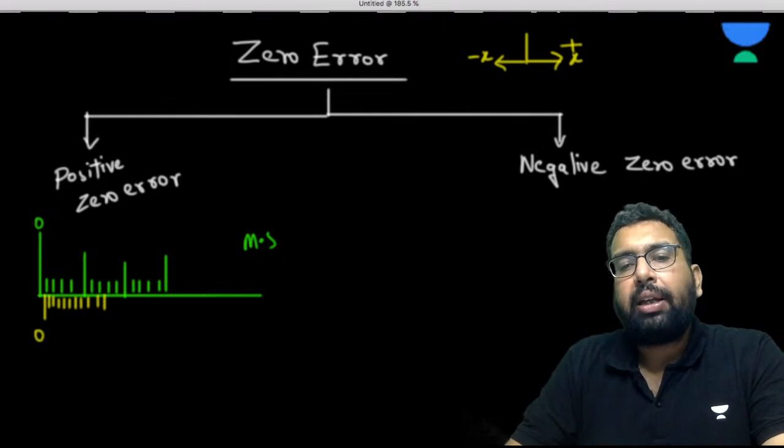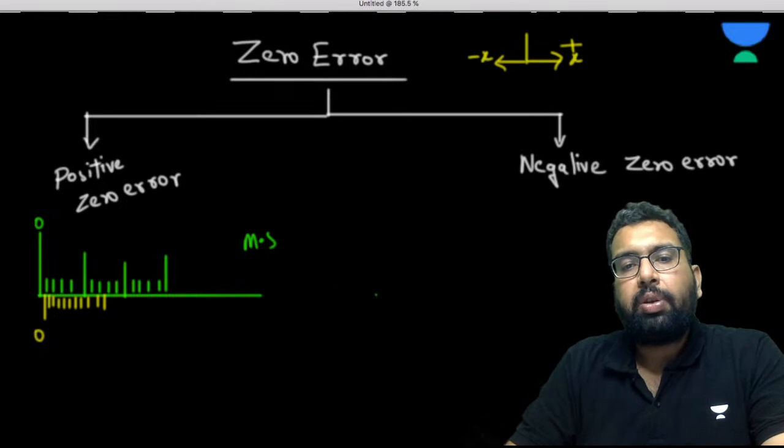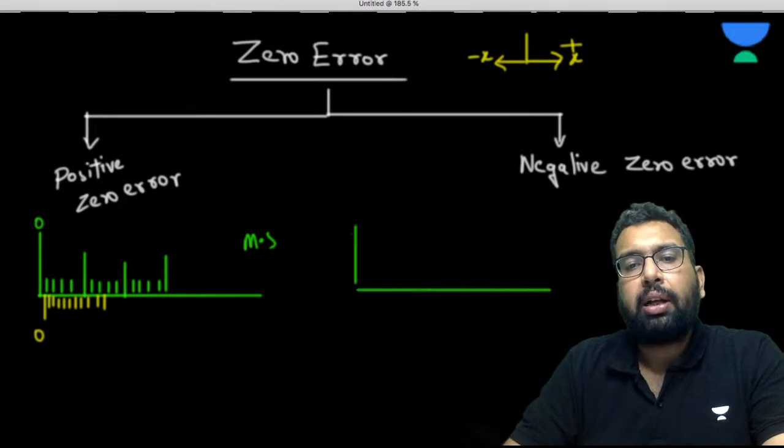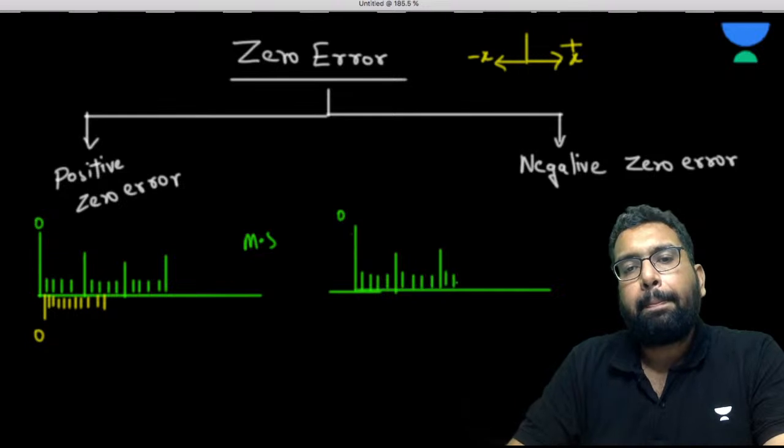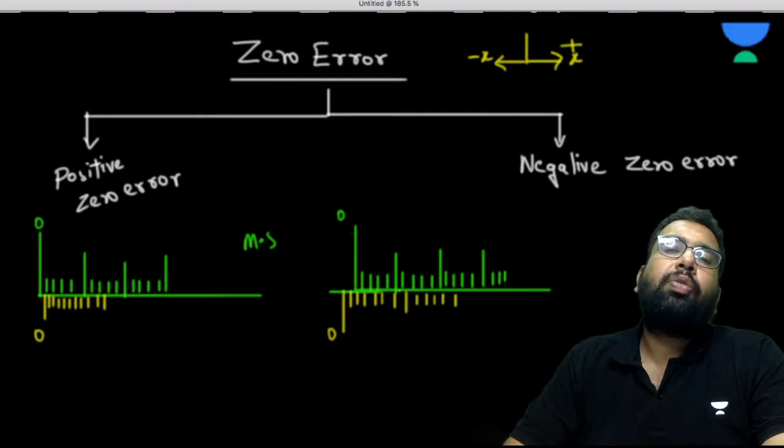And otherwise, what happens in negative zero error? These are the calibrations on the main scale. This is the zero of the main scale, and the zero of the vernier scale is behind, that is, on the negative side of the zero of the main scale.